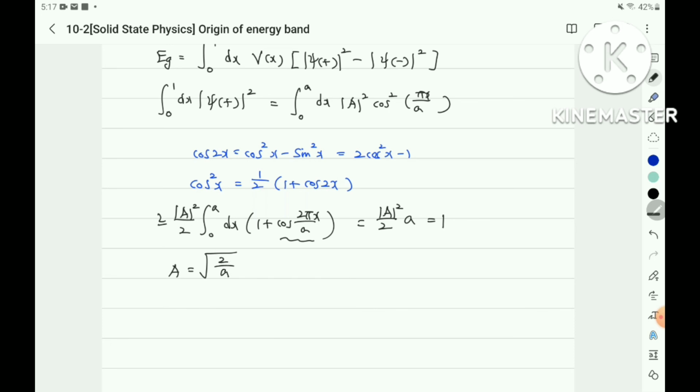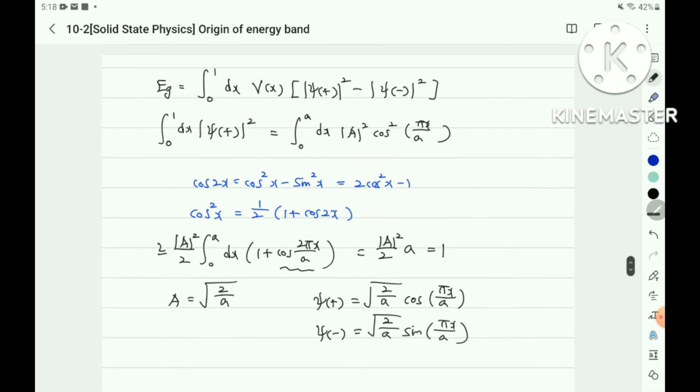Therefore, when we consider the normalization of the wave function, psi plus is the square root of 2 over a times cosine of pi x over a, and psi minus is, in a similar way, the square root of 2 over a times sine of pi x over a.